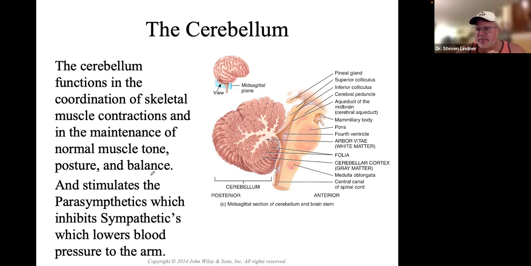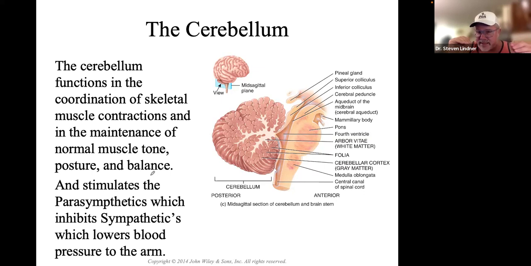So the cerebellum just isn't involved in balance and equilibrium and modifying and correcting posture and balance, but it is involved in trying to send messages out to the parasympathetics to keep that blood pressure on the lower side.